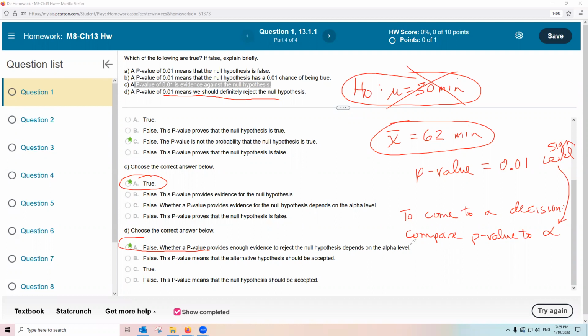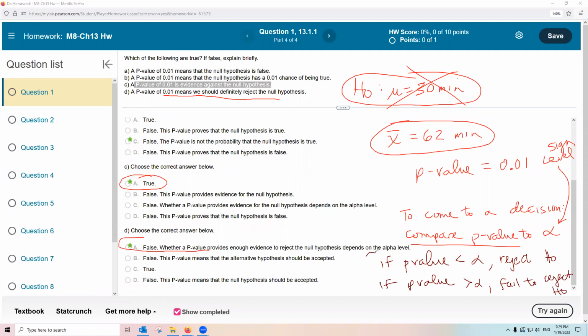Once you do know the value of alpha, the way you come to a decision is you say, if the p-value is less than alpha, then you reject the null hypothesis. But if the p-value turns out to be greater than alpha, then we say that you fail to reject the null hypothesis.